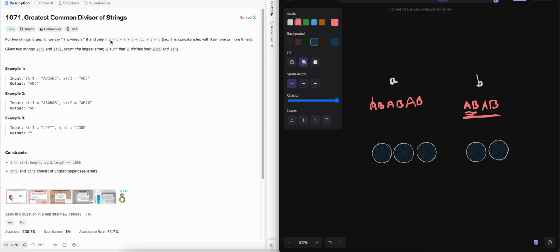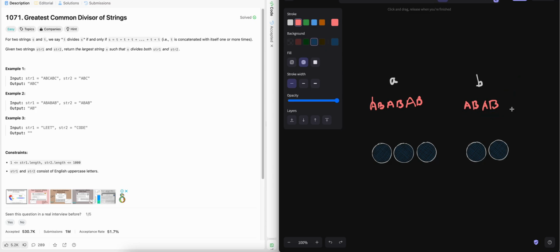On the left hand side, S represents this complete string, and T represents only AB. So if that small component, repeated multiple times, forms the larger string, then we say the smaller component T divides the bigger string S. That's what's being told in the problem.